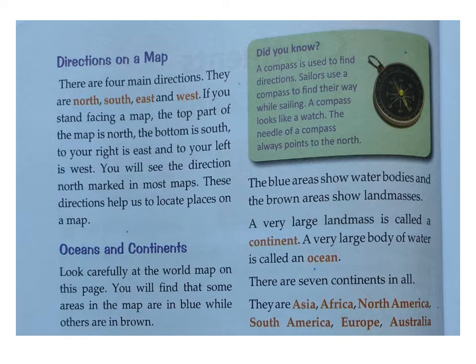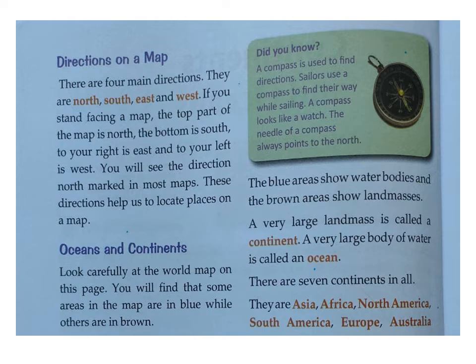Here it is also written: if you stand facing a map, the top part of the map is north, the bottom of the map is south, and on your right hand side the direction on the map will be east, and on your left side the direction will be west.